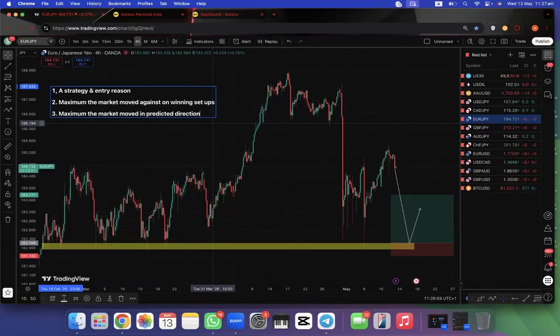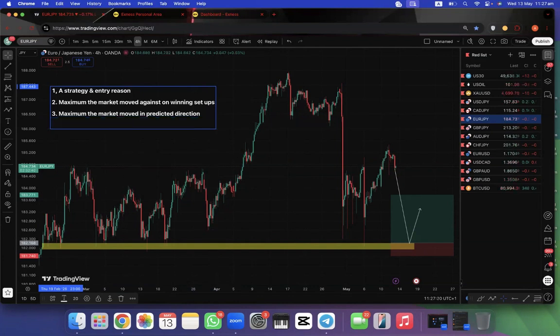If you get the maximum the market moved against before it made the move, it's going to give you a range. When you look at that particular range, you can now figure out the best place to put your stop loss. If you also check the maximum the market moved in predicted direction, it's going to give you a range, and from that range, you can actually take your TPs.